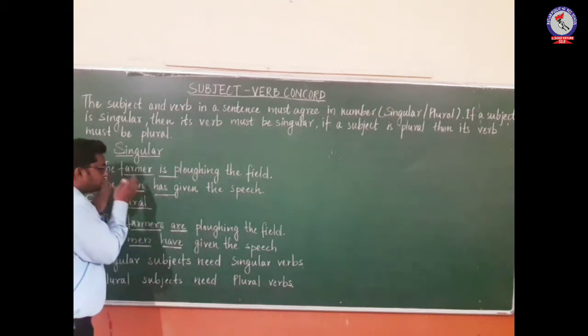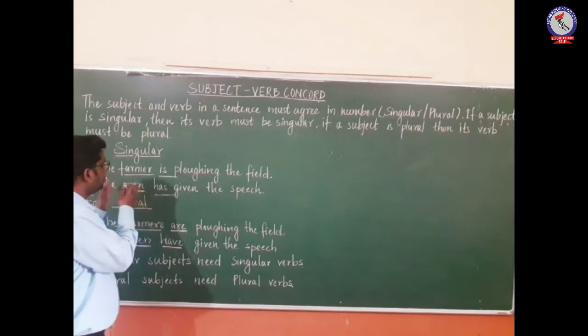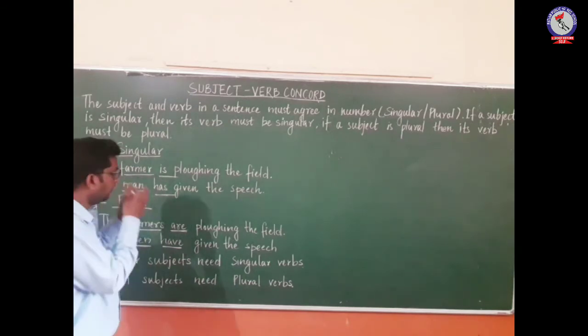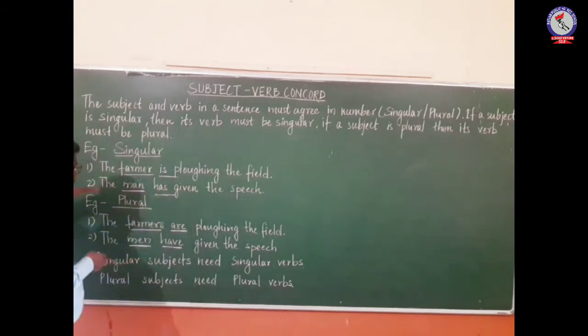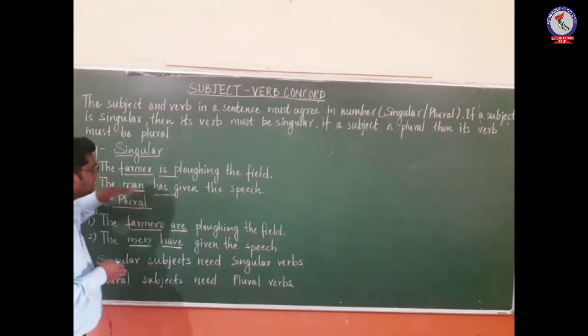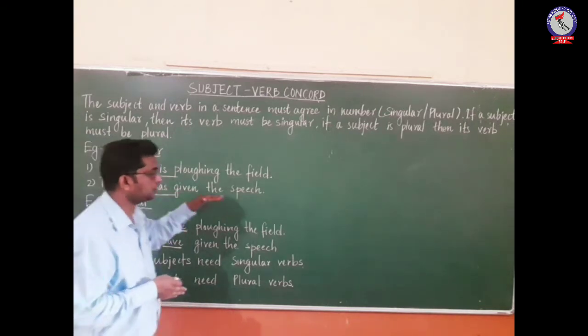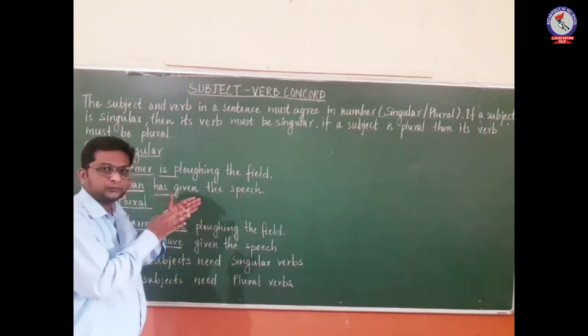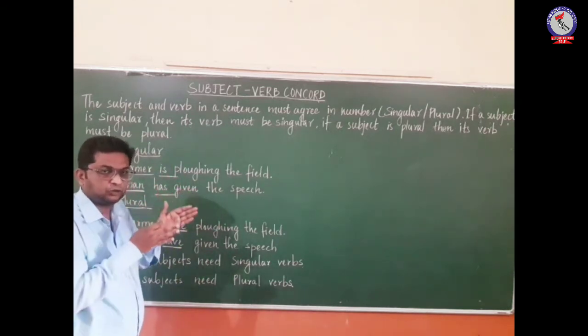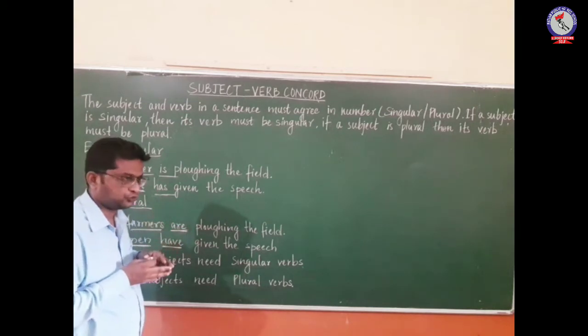So, when the subject man is in singular form, the verb will be in singular form. Thus, we can read this sentence, the man has given the speech. So you understand, with a singular subject, singular verbs will be used.